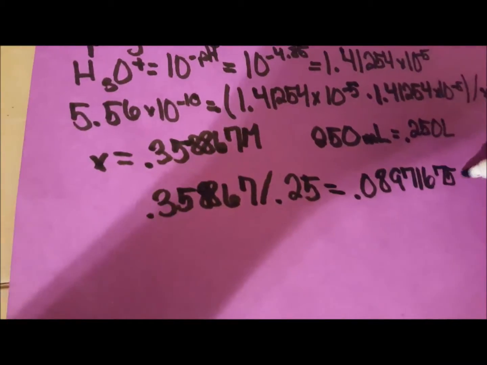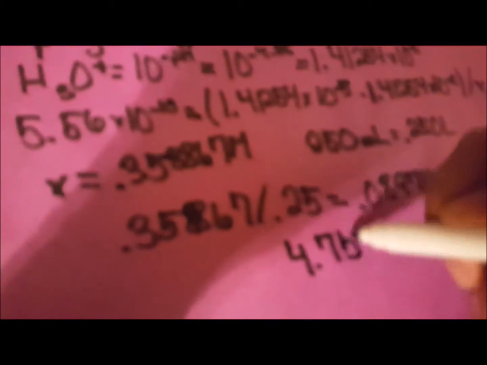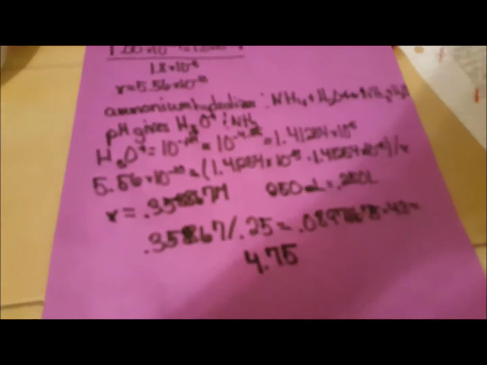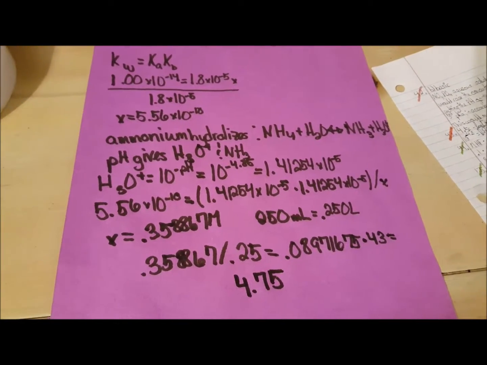You go ahead and multiply that number times 43, which is the molar mass of NH4Cl. And that gives you 4.75. And 4.75 is our final answer.